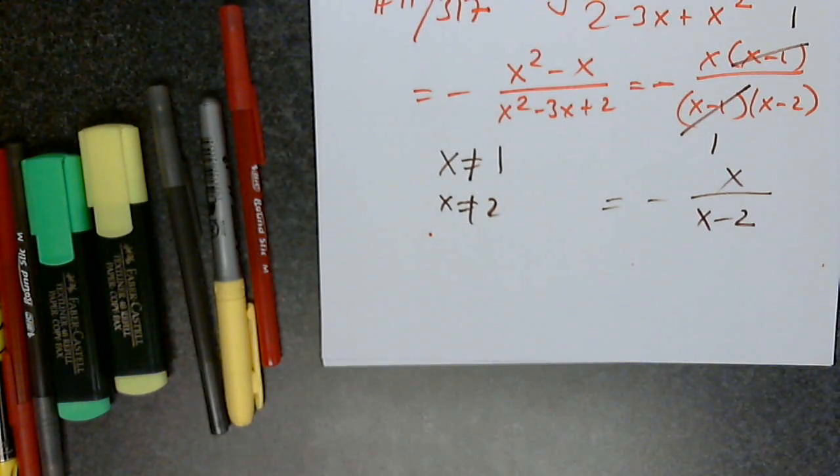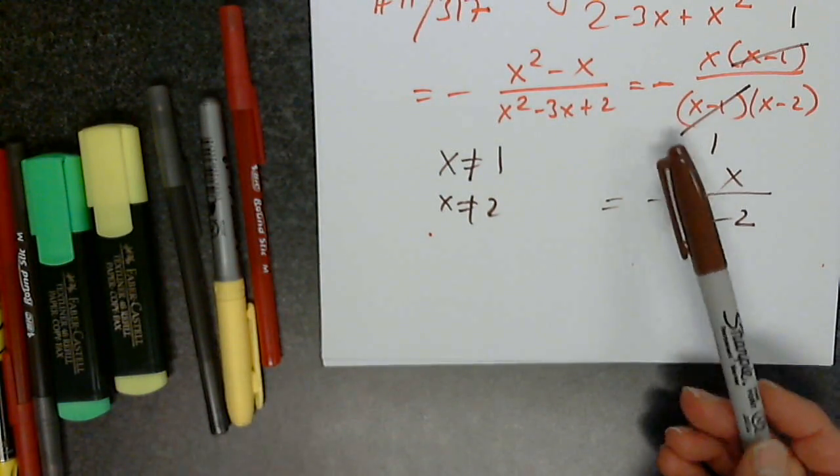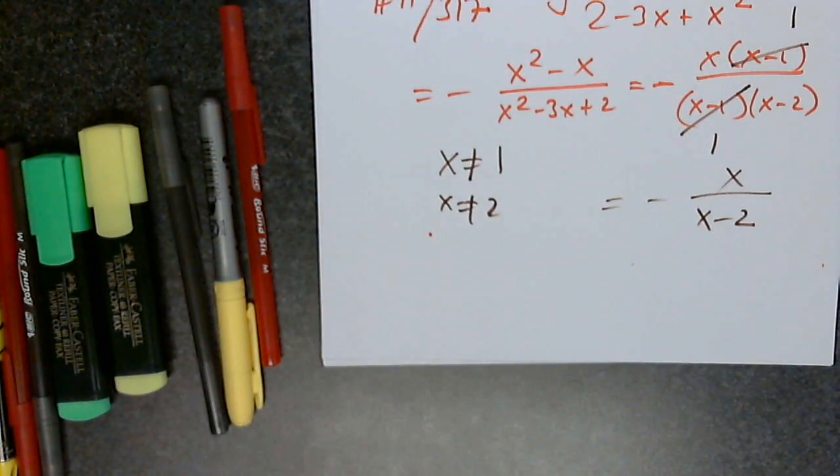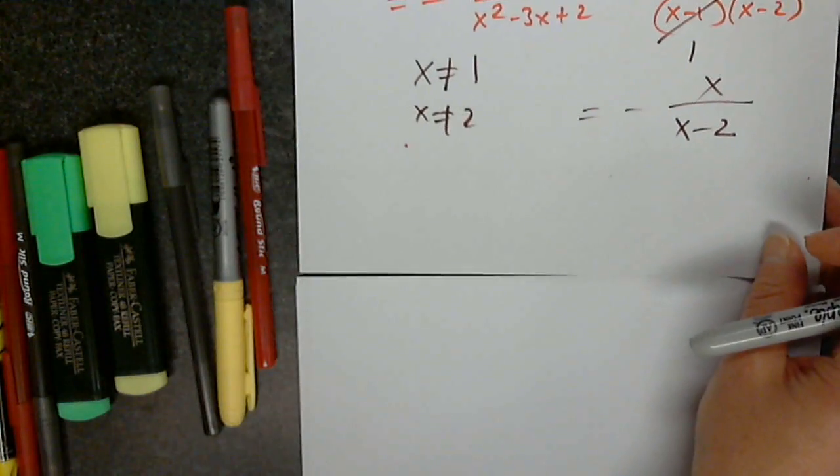Please remember that. It's still a restriction for x, but since the factor goes away, it will be a hole in the graph. The only vertical asymptote is at 2. So therefore, I start my chart.